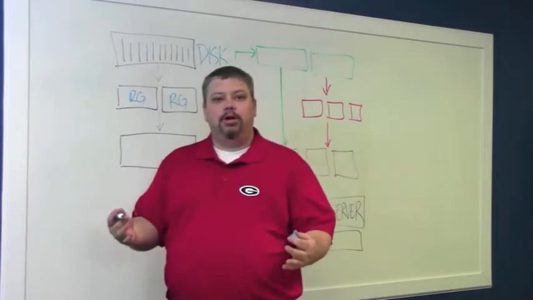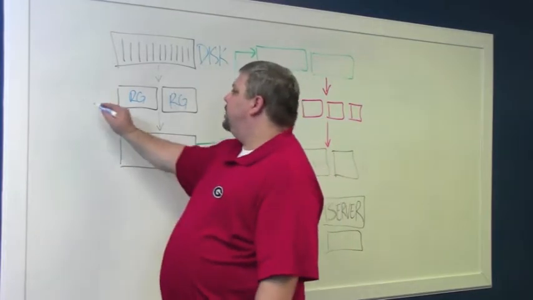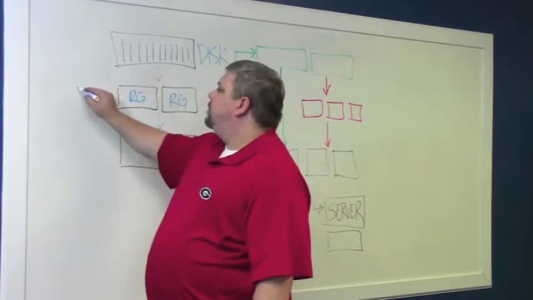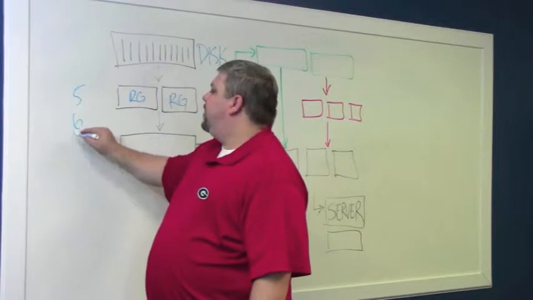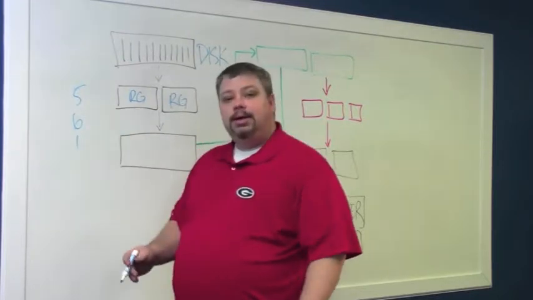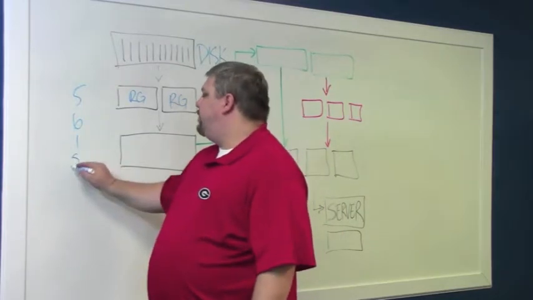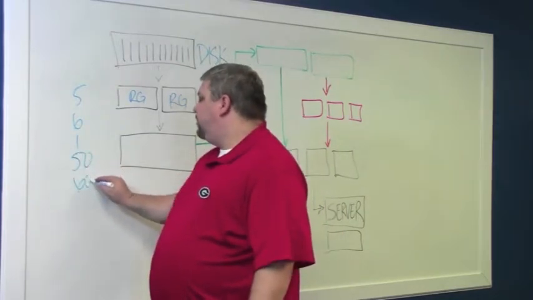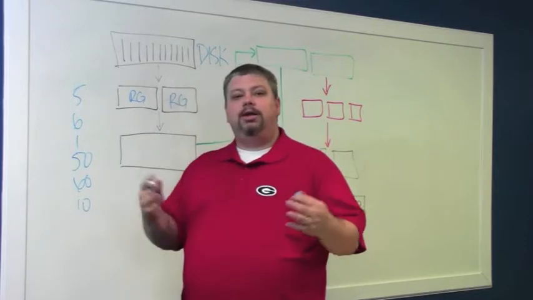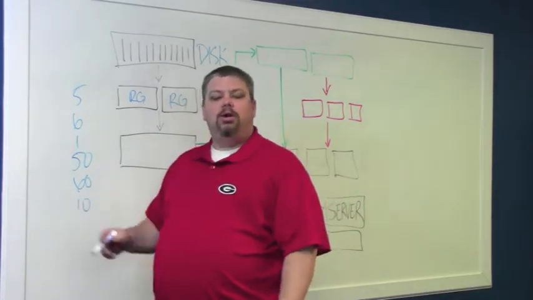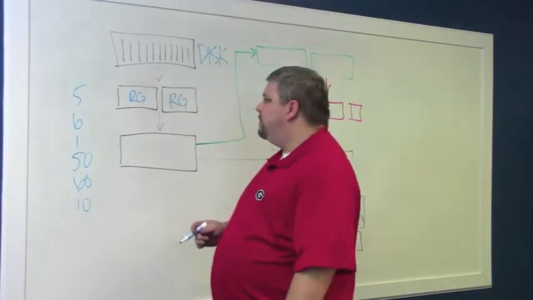Some common RAID levels might be 5 and 6 and 1, and then you might have combinations, like a 50 or a 60 or a 10. We'll talk about those in their own segment because they really deserve it.